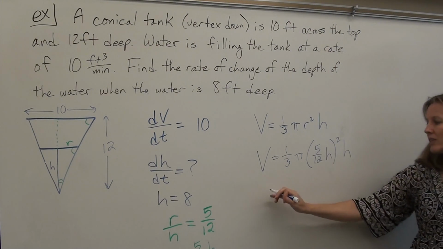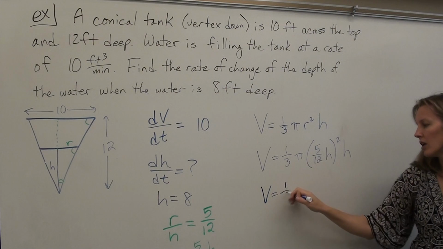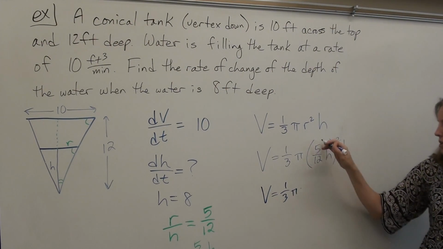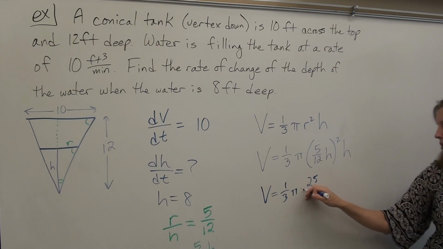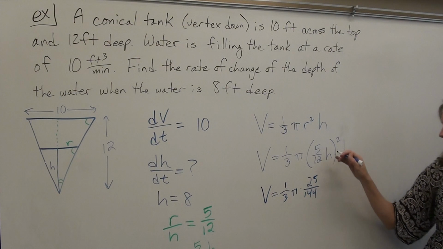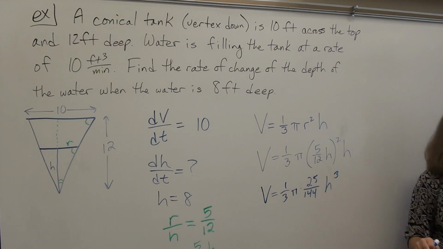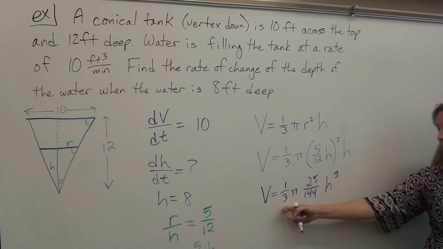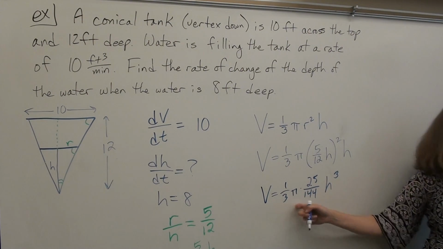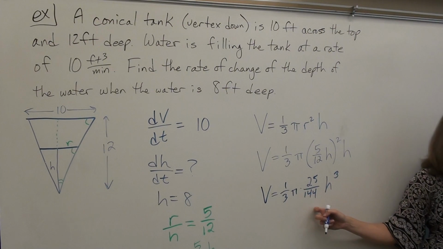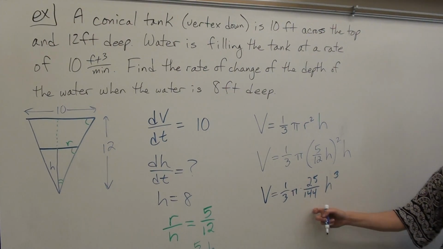So if we simplify this first, we get 25 over 144, and then h squared times h gives us an h cubed. This I can differentiate, right? This is all just one big ugly coefficient, all these numbers.